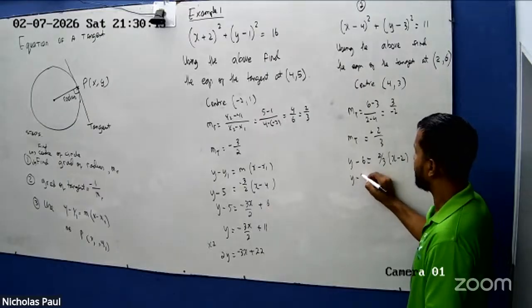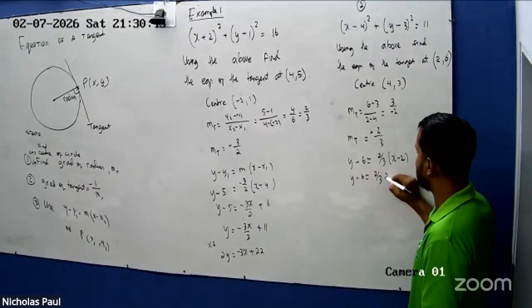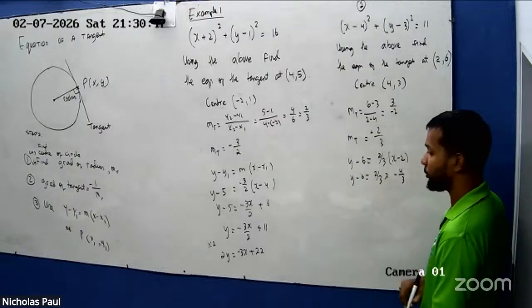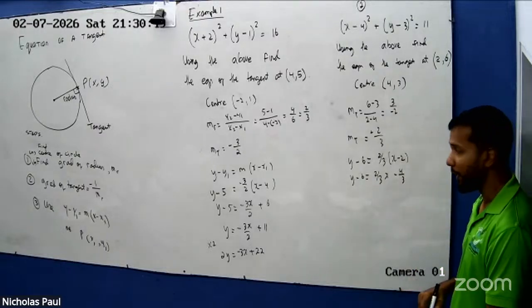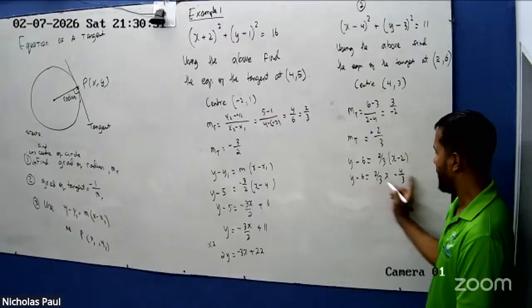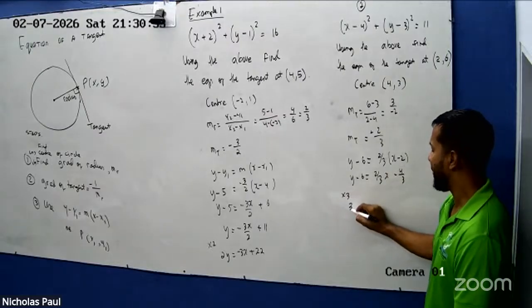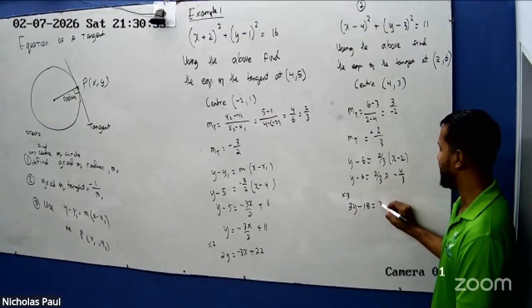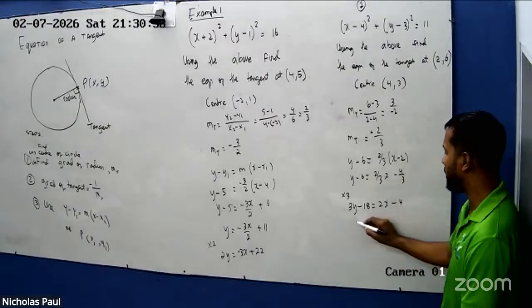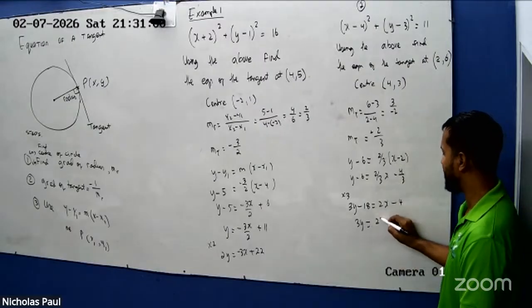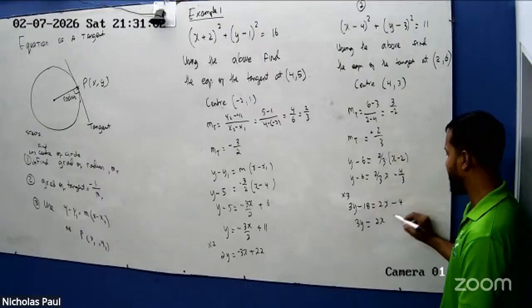So I got y minus 6 is 2/3 times x minus 4. Move across, multiply everything by 3. So you'll get 3y minus 18 is 2x minus 8. So you'll get 3y is 2x. Bring across the 18, I get plus 10.